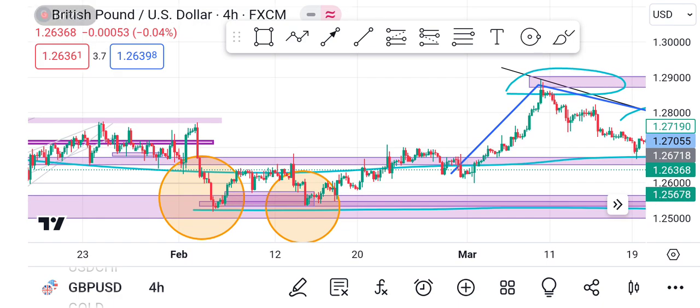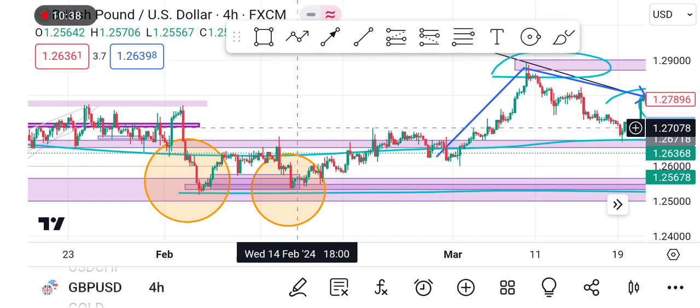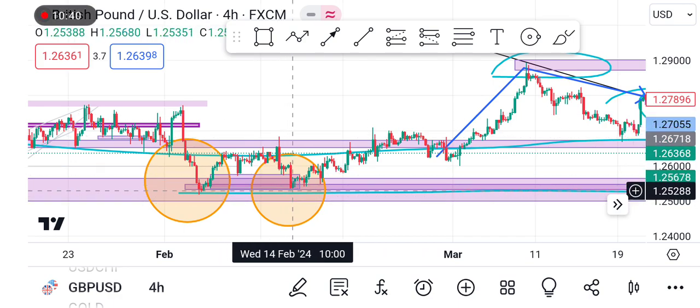So price went up, tapped into this fair value gap, then made a buy. So this fair value gap was actually valid. You can confirm that with this bearish candlestick here.